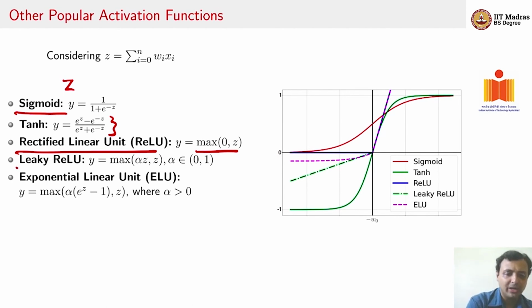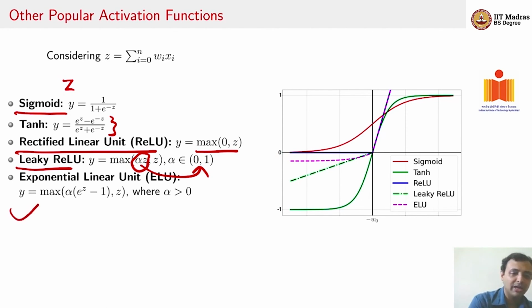There is also a variant of the ReLU activation function called the leaky ReLU, which does not make this 0, but keeps this a very small value. And we will see the design for each of these a little later this week.